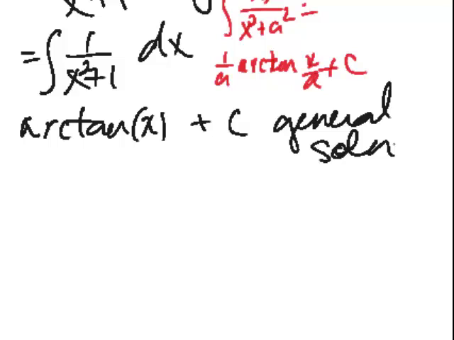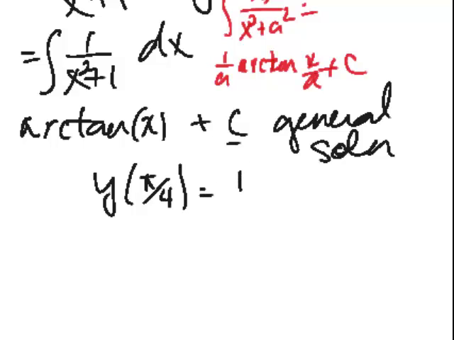Why is it a general solution? Because we still have plus c. If I were to give you initial conditions, then you could solve for what c is. What are some conditions? For instance, I could tell you something like the initial value of y of pi over 4 equals 1.